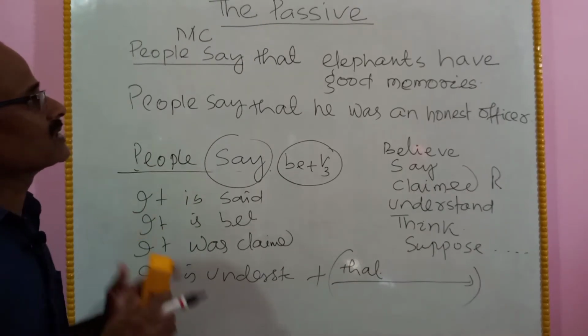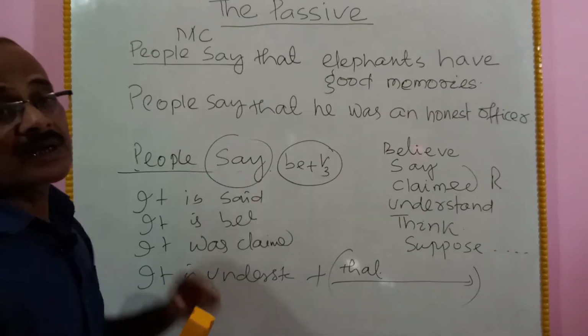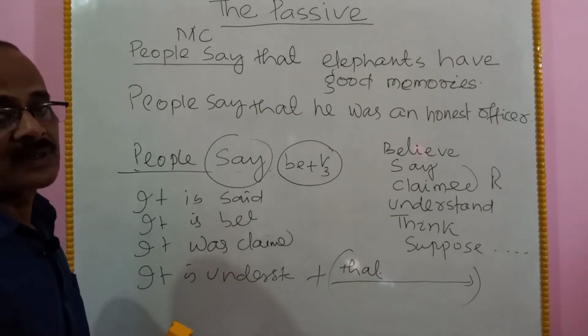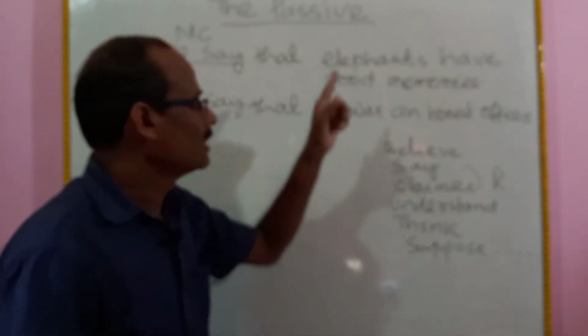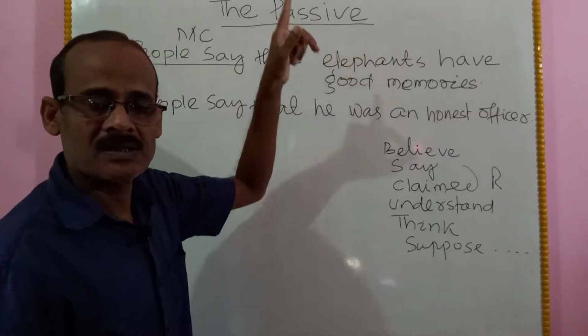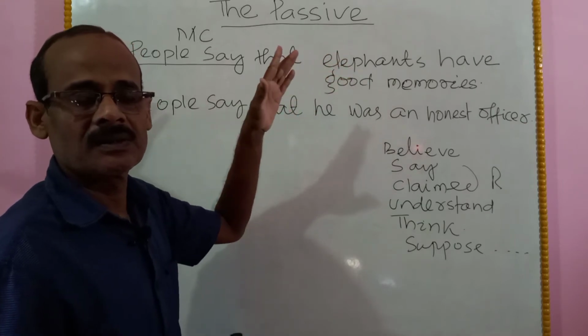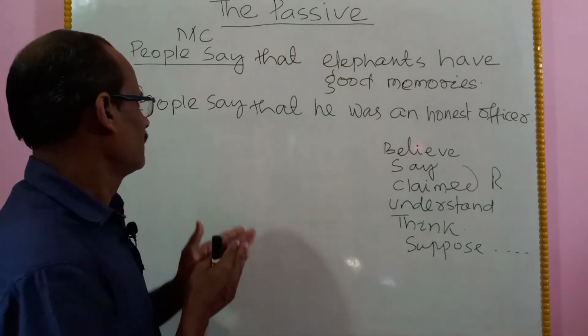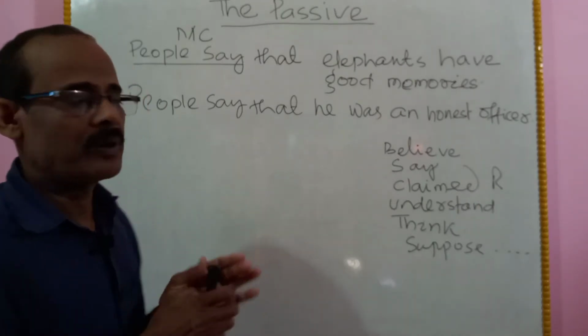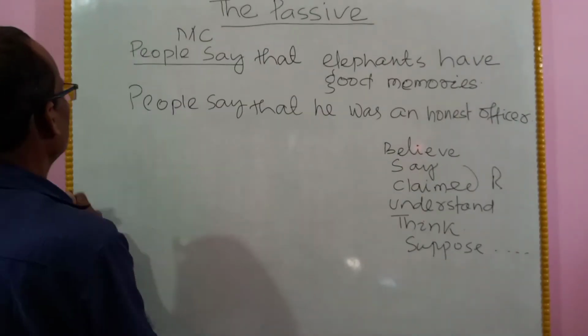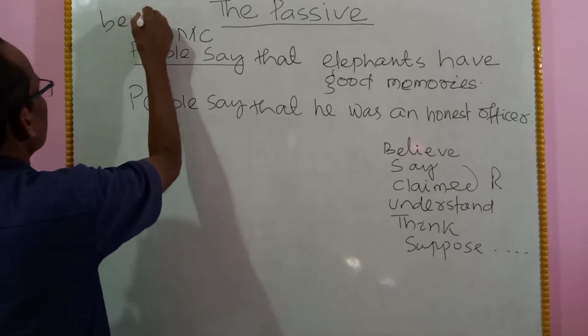And if we want to change the subordinate clause to passive, what would be our rule? Let's change the subordinate clause to passive. For a main clause, we followed the general rule be plus V3.